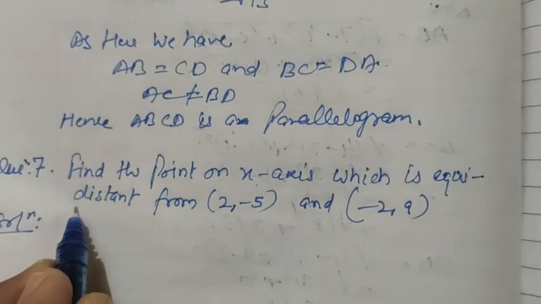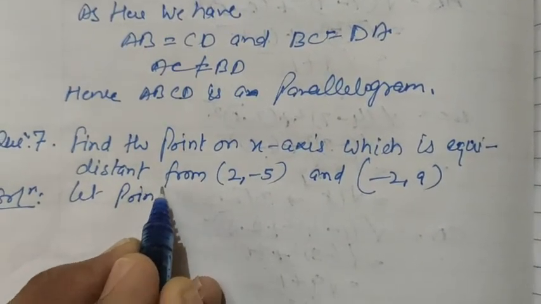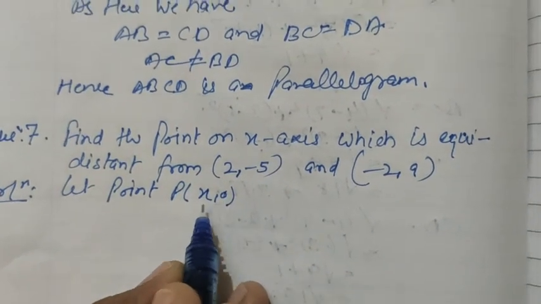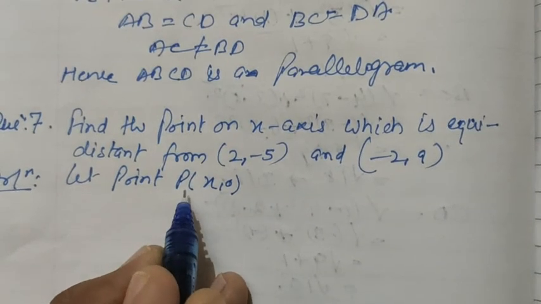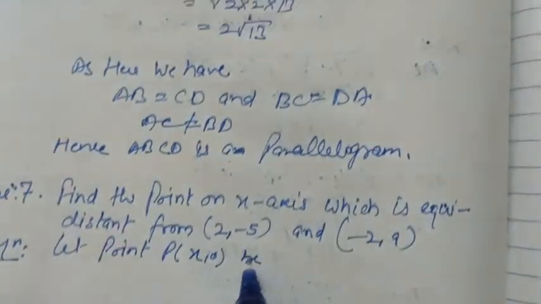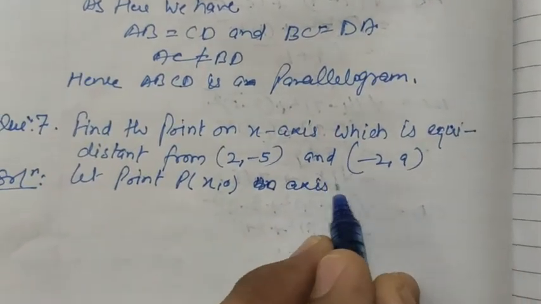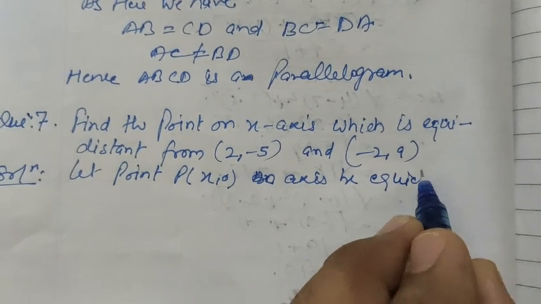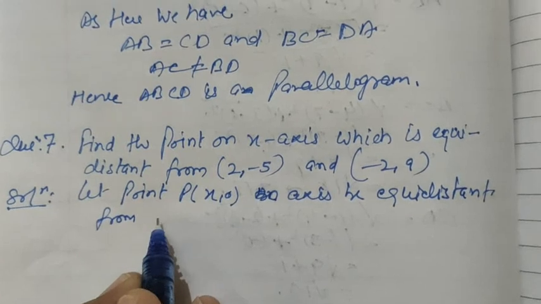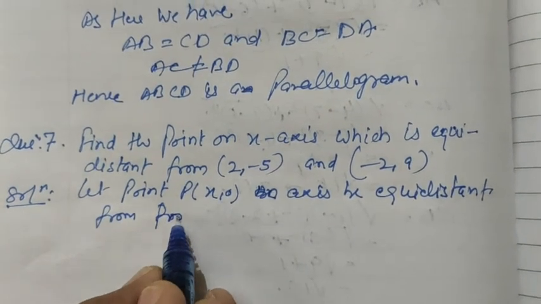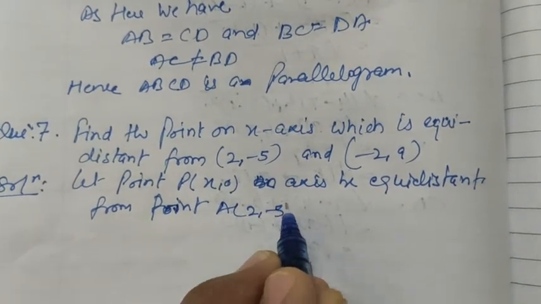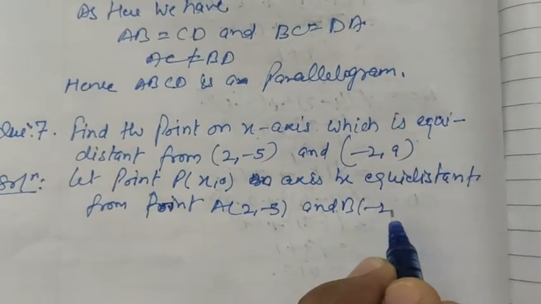So let the required point P(x0, 0) on the x-axis, since the y coordinate is 0, be equidistant from the points A(2, -5) and B(-2, 9).